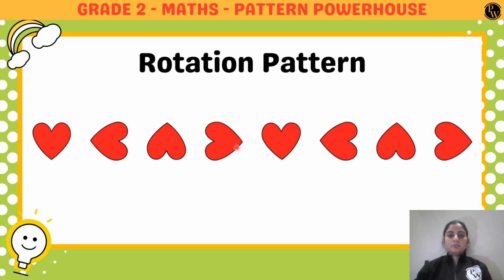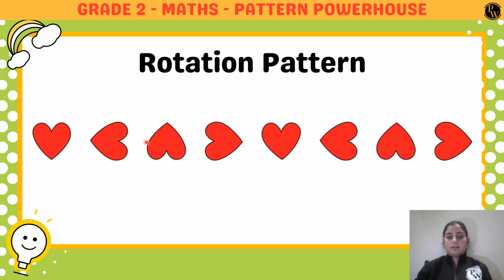Correct. Now, let's look into the rotation pattern. What is a rotation pattern? Here we have a shape of a heart, and it is pointing towards the up direction. Now, let's see the other one. Here, the heart shape is pointing to the right.